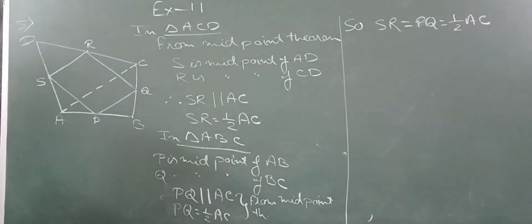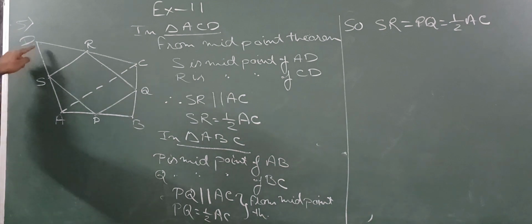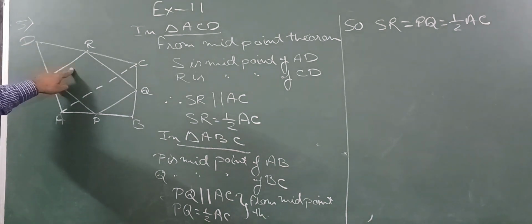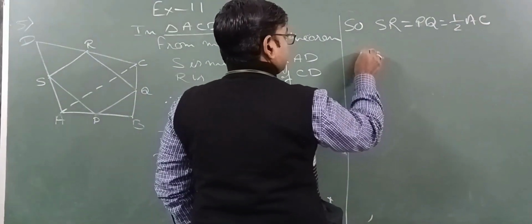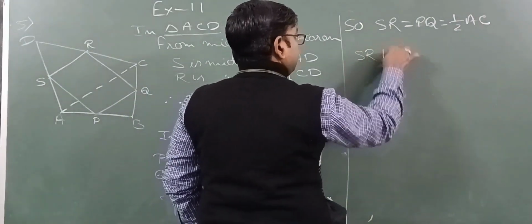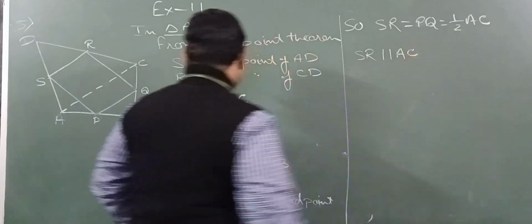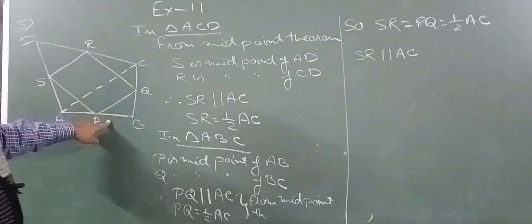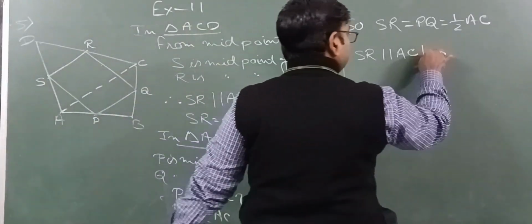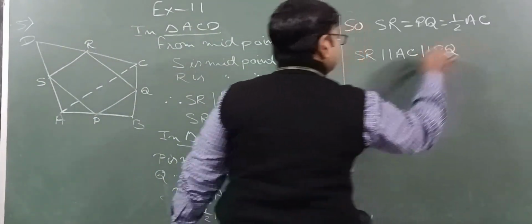Now the third part says prove that PQRS is a parallelogram. How can we prove that PQRS is a parallelogram? From midpoint theorem we know that SR is parallel to AC. And AC is also parallel to PQ. What does it mean?